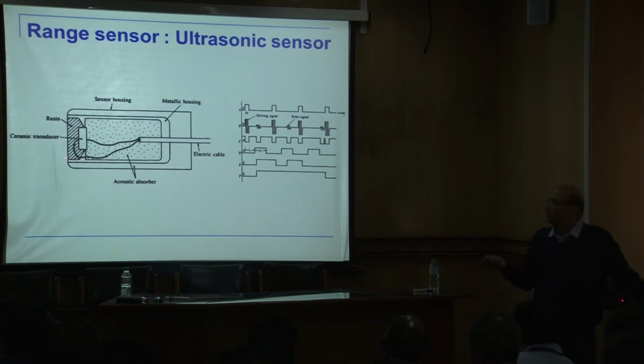The second kind of surface it will not see is if the ray is absorbed, if the ray is not coming back. For example, this cloth absorbs ultrasonic waves. So if you are standing there, very often it will not see you. Why? Because the pants are absorbing the ray. So this very simple thing, costing 150 rupees, has a lot of implications, and one of the implications is in defense.